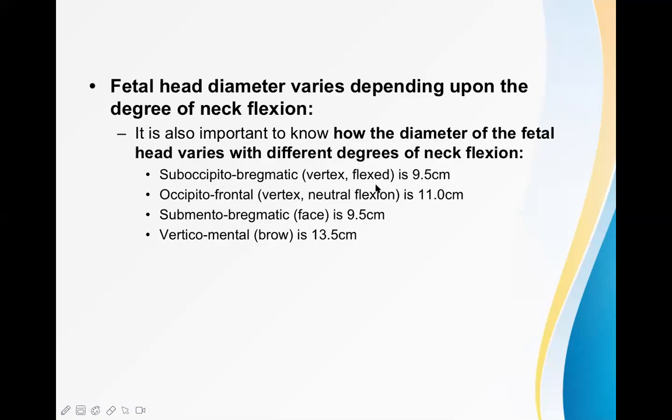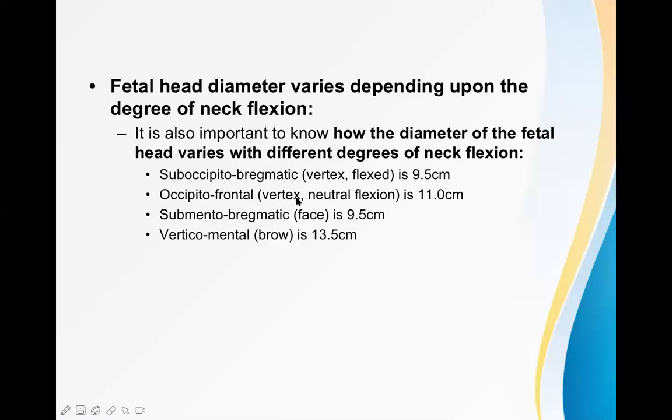Like occipitobregmatic is 9.5 centimeter diameter. Now in this, the neck is flexed and the presentation is vertex. This is vertex presentation with flexed neck, and we call that suboccipitobregmatic diameter, which is 9.5 centimeter. It is the smallest one.